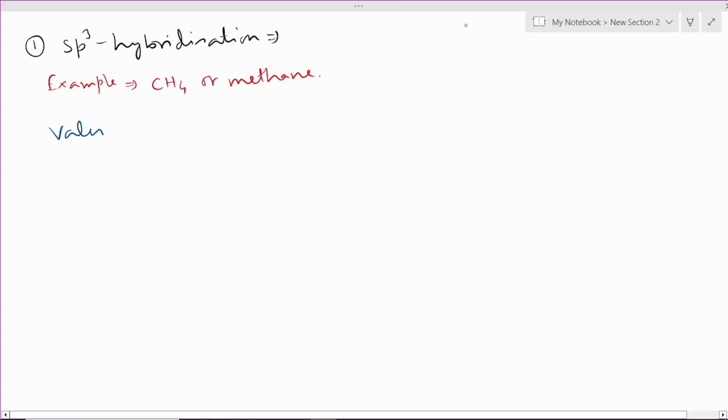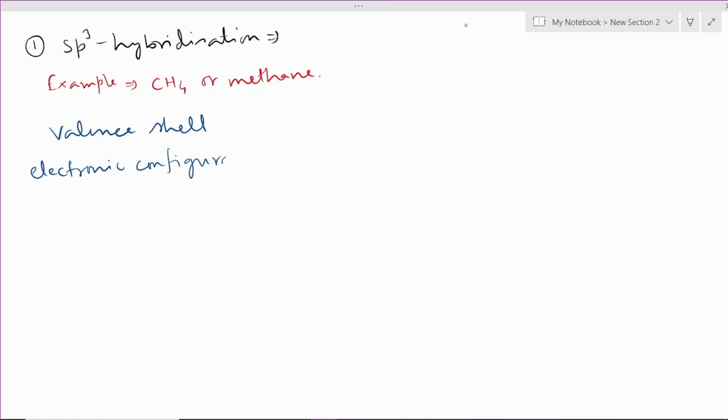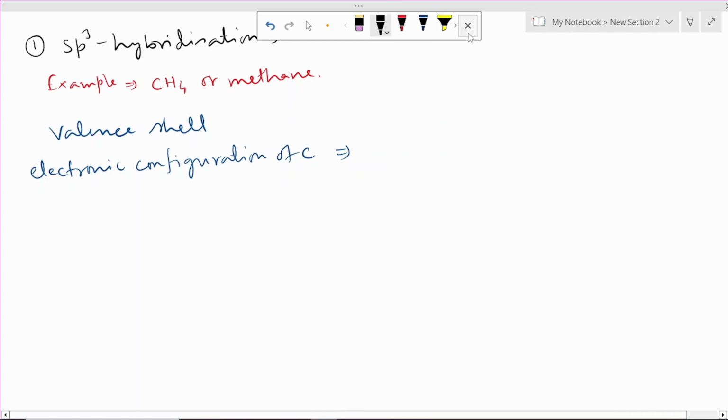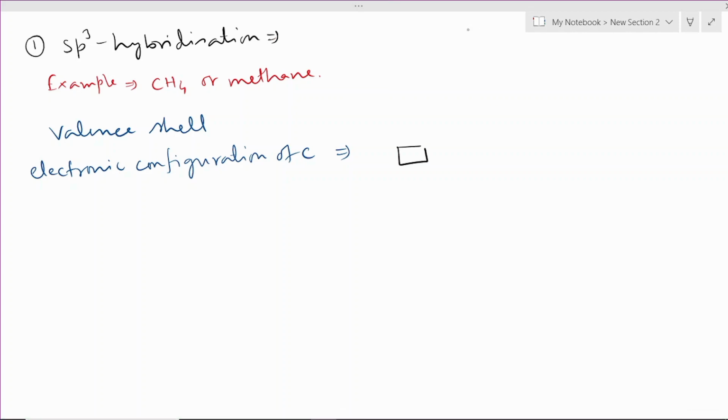The valence shell electronic configuration of carbon is: this is 2s and this is 2p. So 2s2, 2p2, and this is the ground state.